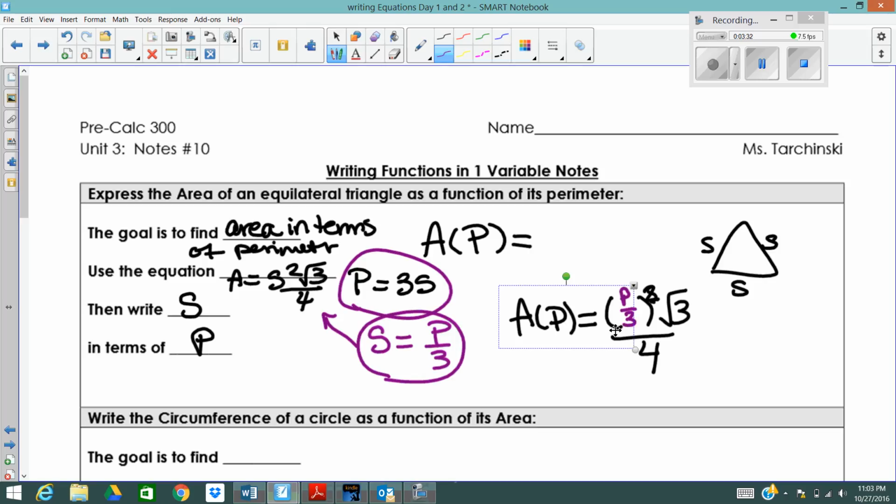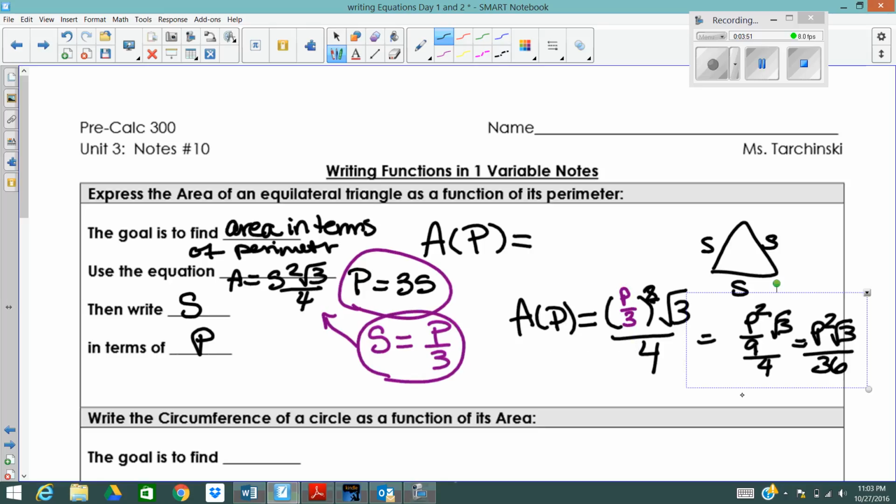And now let's simplify this equation. So that ends up giving us p squared over 9 times the square root of 3 over 4, and we don't like a fraction over a fraction, so that's p squared square root 3 over 36. Because when you divide by 4, it's the same thing as multiplying by 1/4.